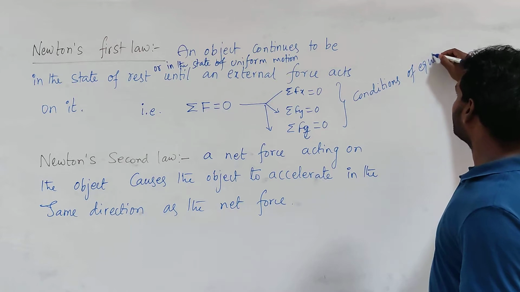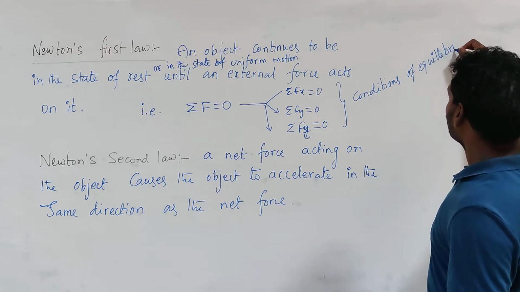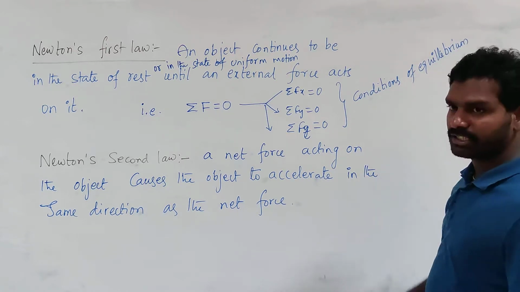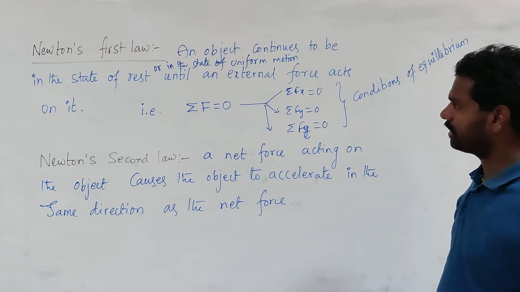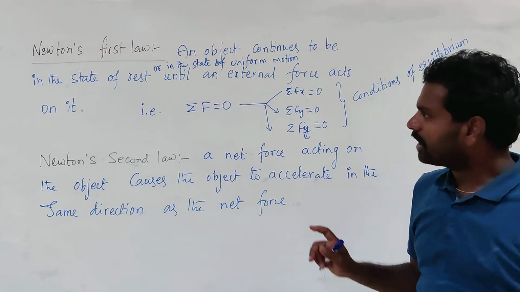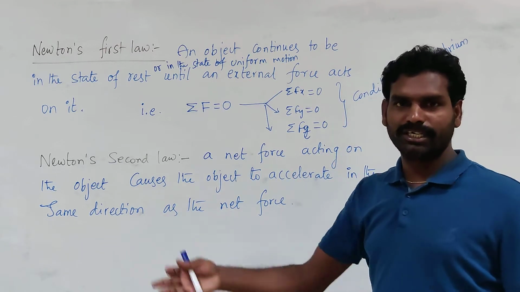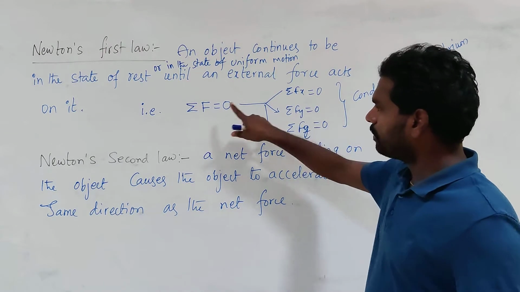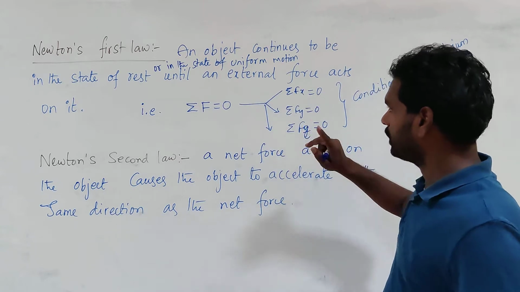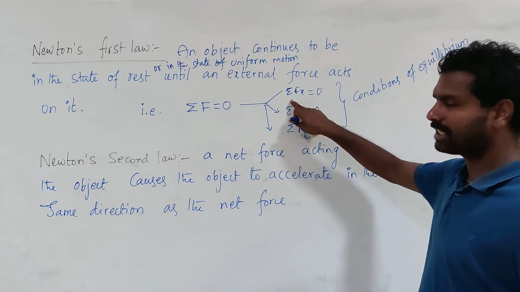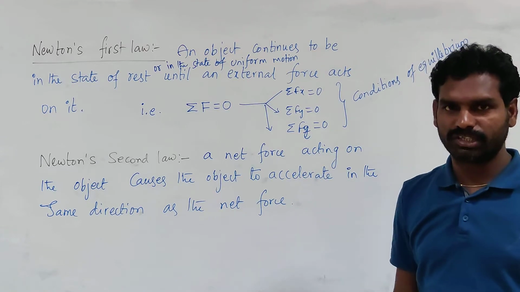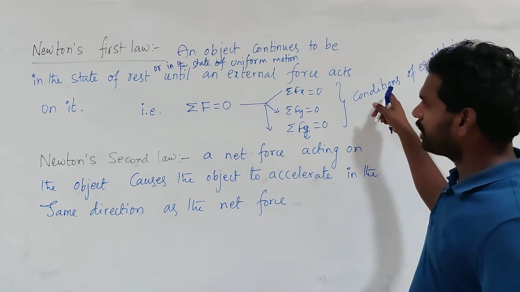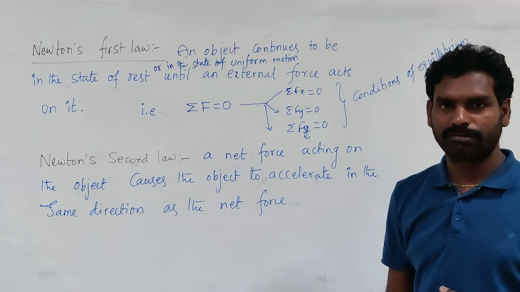We can apply these conditions when the object is at rest or when the object is moving with a constant velocity. In a problem, if it is mentioned that the object is at rest, immediately we can apply these conditions of equilibrium. What are the conditions of equilibrium? Sigma Fx equal to 0, sigma Fy equal to 0, sigma Fz equal to 0, because an equilibrium condition satisfies Newton's first law of motion.